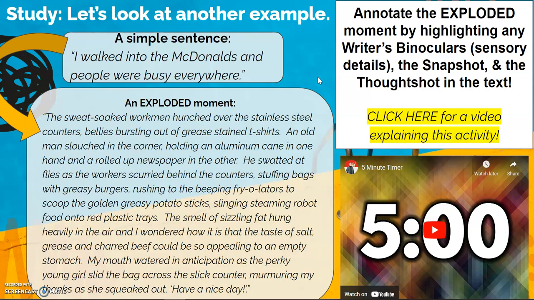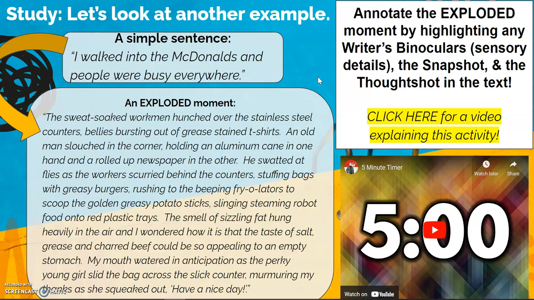The workman hunched over the stainless steel counters. Underline or highlight stainless steel counters. That's a sight detail. Bellies bursting out of grease-stained t-shirts. OMG. I would also underline that one.